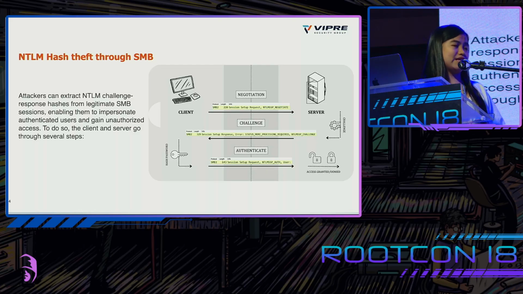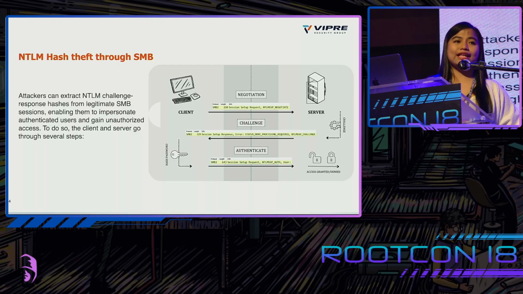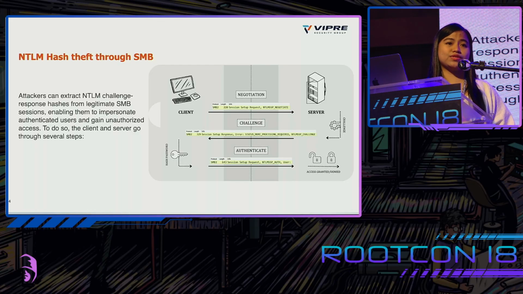For the negotiation part, I, the client, will send a request to the server asking if I can authenticate using NTLM. Now, this server will then send a random number, which is the challenge, to the client. Now, the client will process this using its password, send back the response to the server, and the server will now check if it matches.